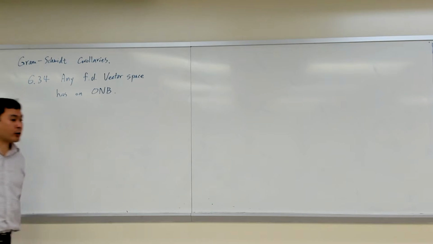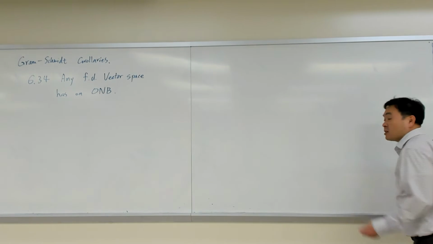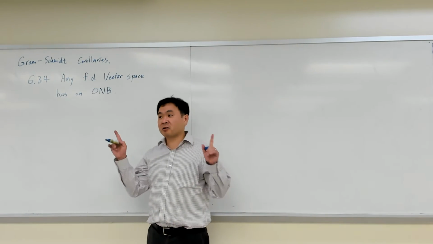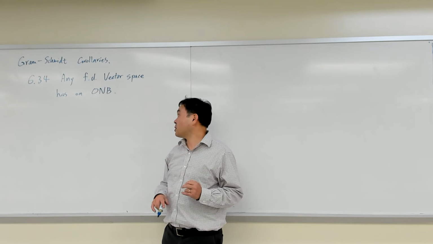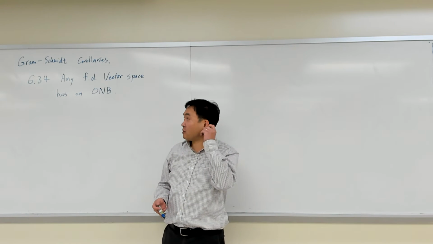That's a direct corollary because by definition, finite dimensional means you have a finite length basis for the vector space, right? And therefore you apply Gram-Schmidt to it and you immediately get an orthonormal basis, okay?